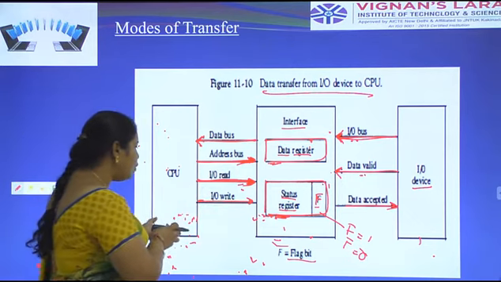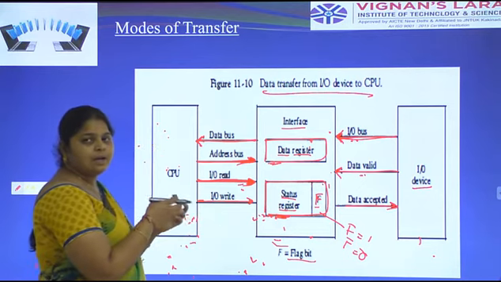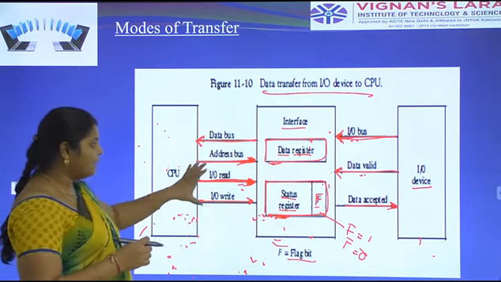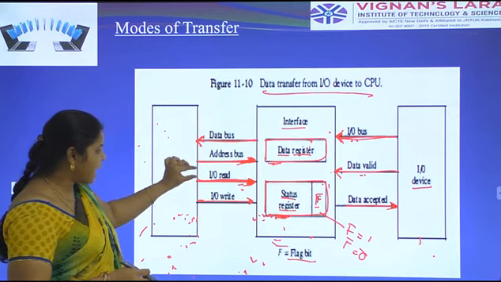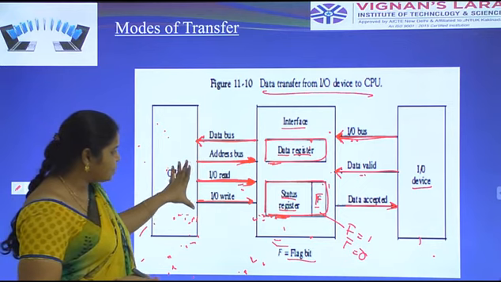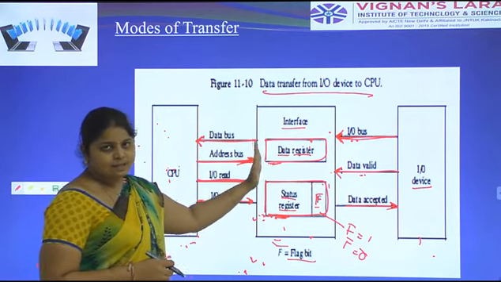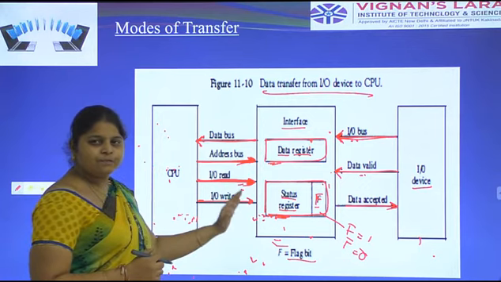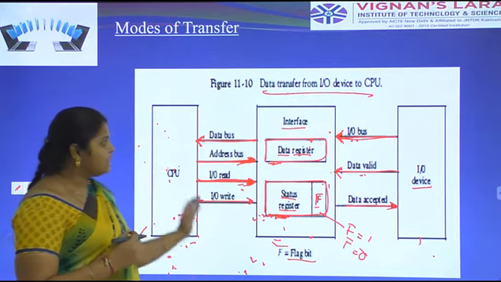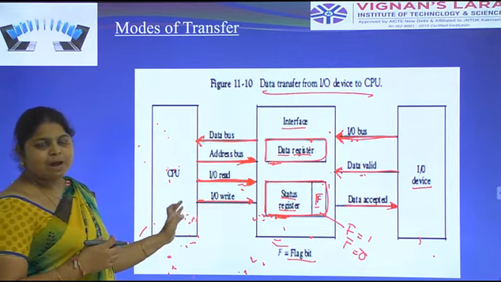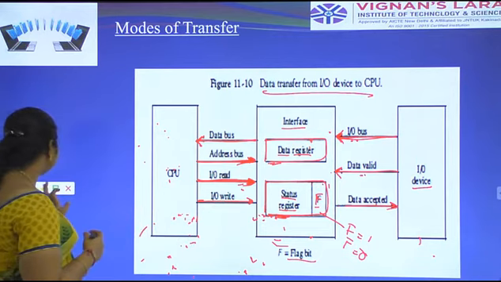The information regarding the data bus, IO read, and IO write is stored in the data register. That is why the CPU accesses that information from the interface. This is nothing but data transfer from IO devices to the CPU.